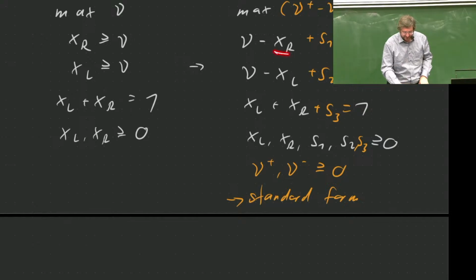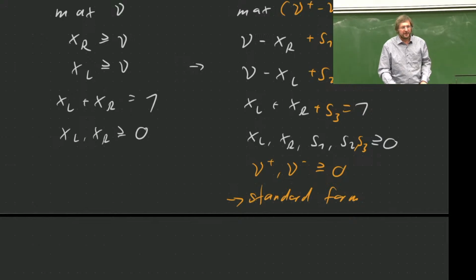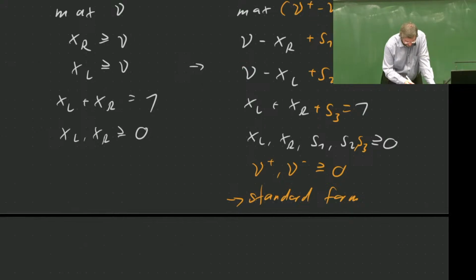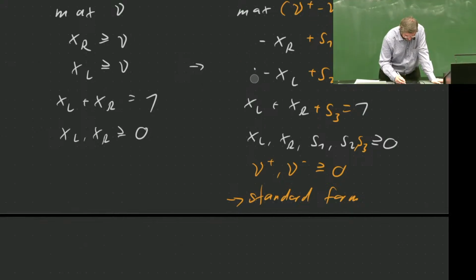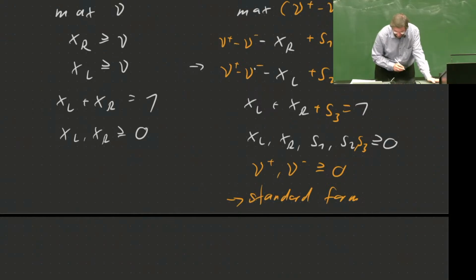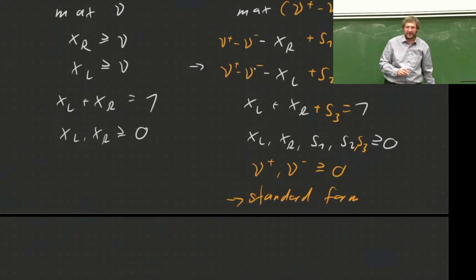For these here or these here? You mean you have to split this thing? Oh, in the constraints themselves. Yeah, you're right. Of course, I should split this up as well. Yeah, thanks. Yep, I should do the split up here as well. So let's replace that mu by mu plus minus mu minus everywhere. I think that's the only places it appears. Thanks.